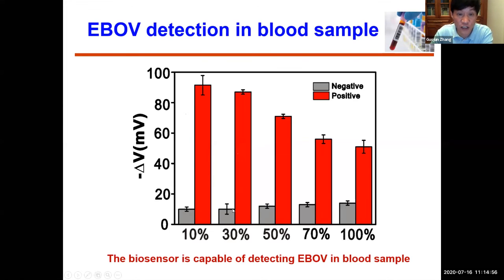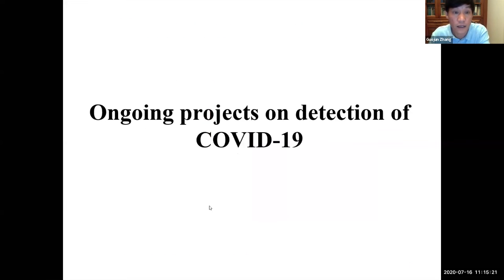From this figure, you can see if the serum is diluted, the signal is quite high, because in diluted serum, the interference is small. And even in the 100% serum, the signal is also very high. So this means the biosensor is capable of detecting Ebola virus in blood sample.